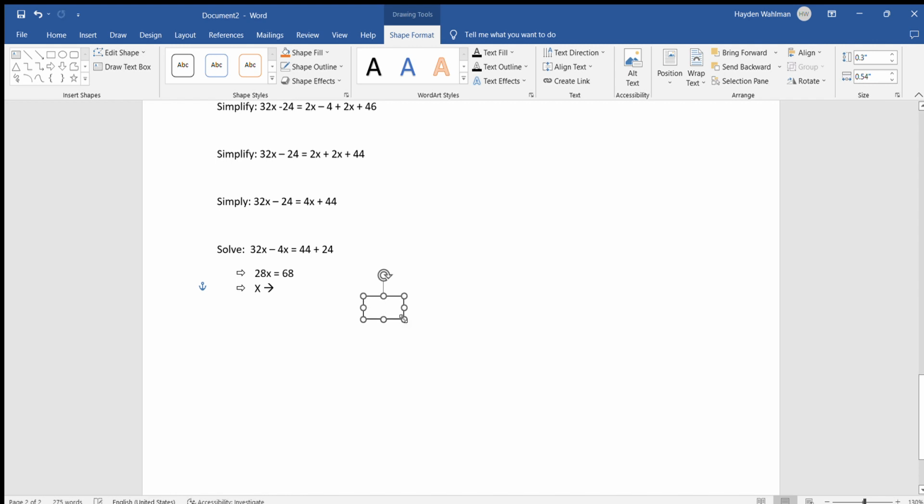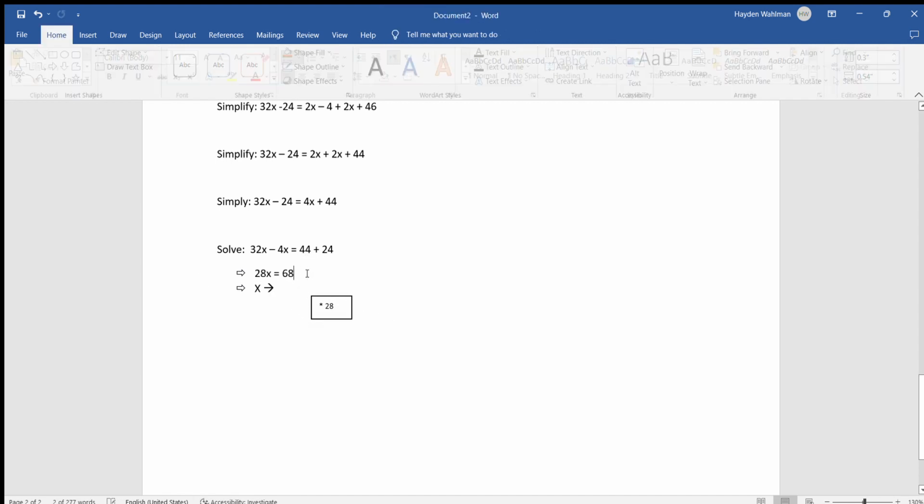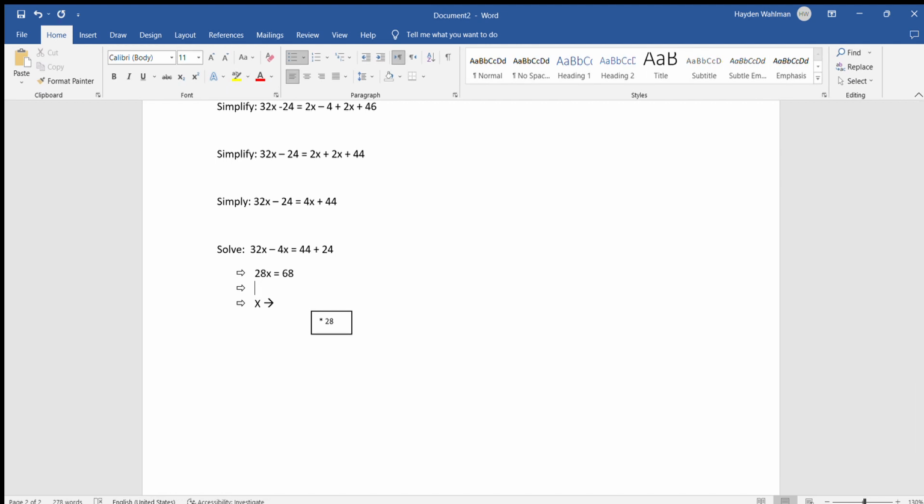So x, what is x? What's the operation? It's times, right? It's x times 28. That little asterisk is a multiplication, okay? So let's put it here. Okay, I'll put another space. So that's our little function machine box.